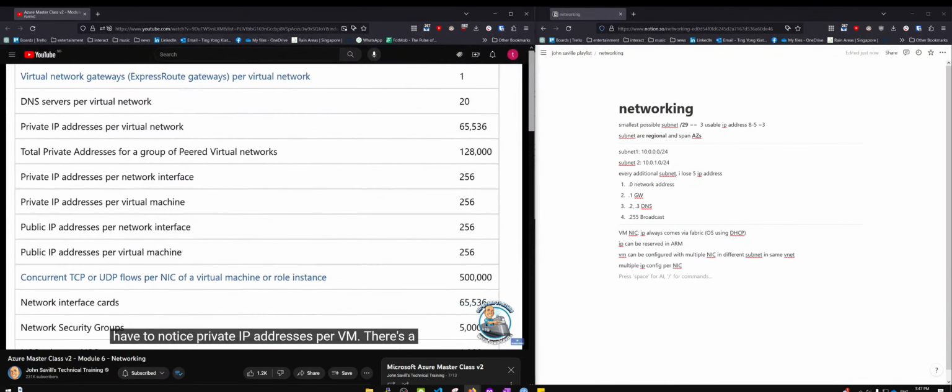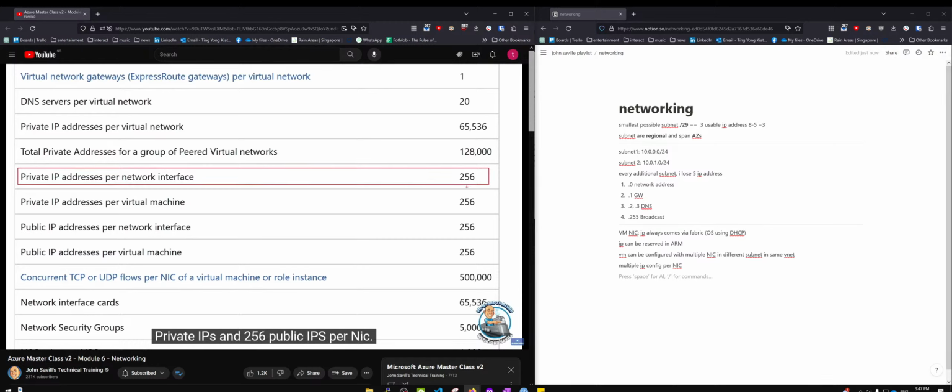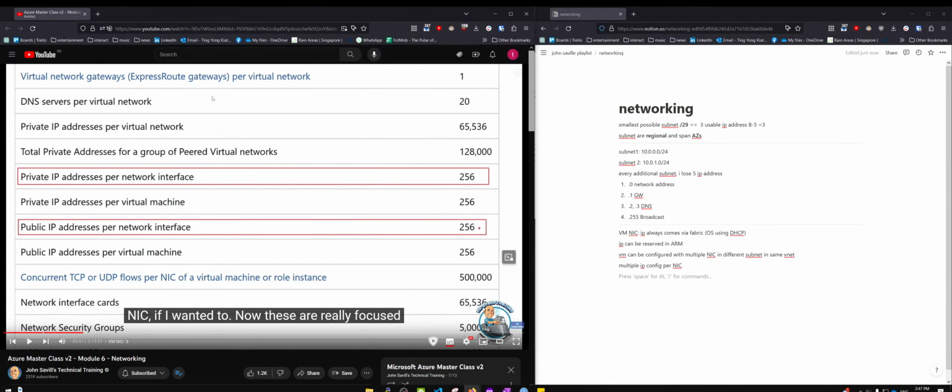Notice private IP addresses per VM, there's a lot of them. Per interface, I can actually have 256 private IPs and 256 public IPs per NIC. So I could have a lot of different IPs per NIC if I wanted.